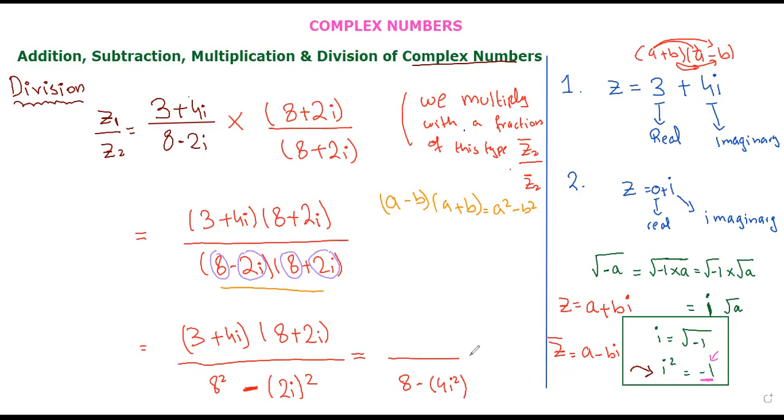That is 8 plus 4 because iota square is minus 1. So this is going to give me 12. I'll write 12 here, and now let's multiply the numerator.